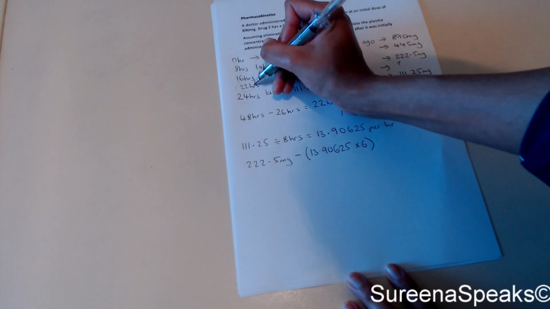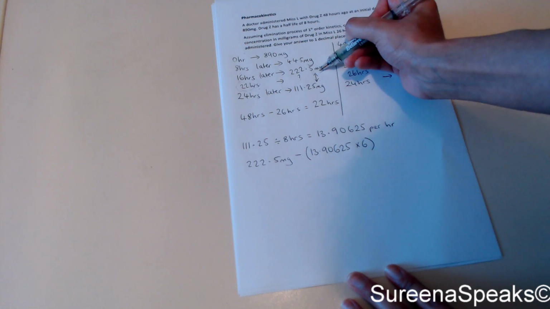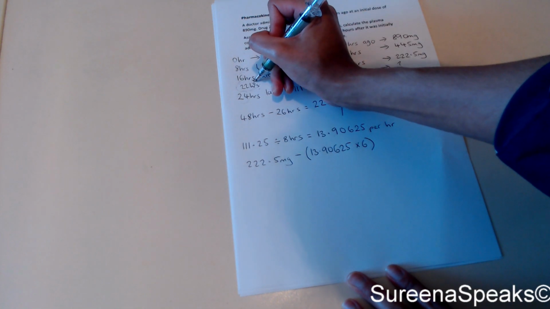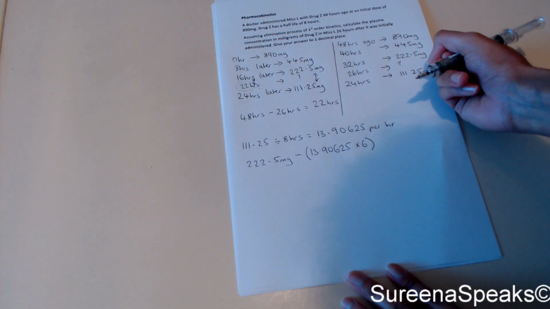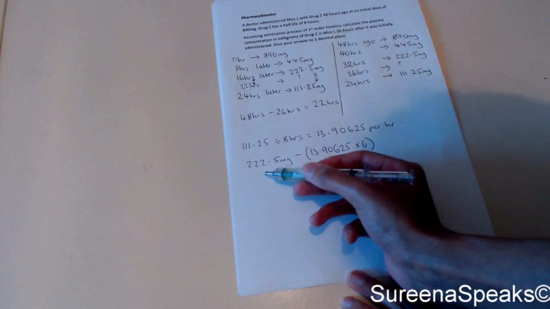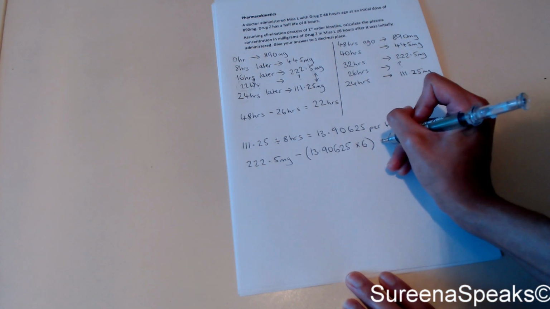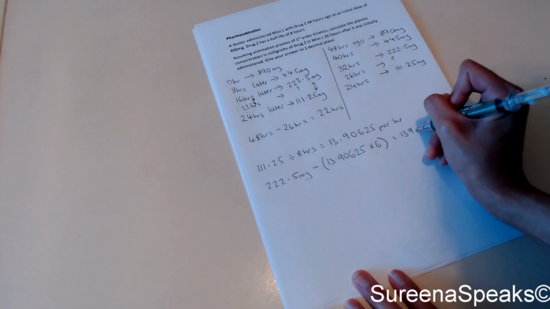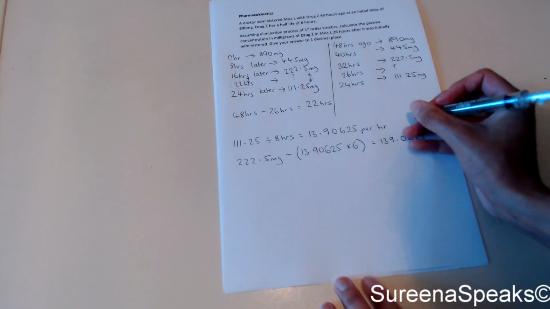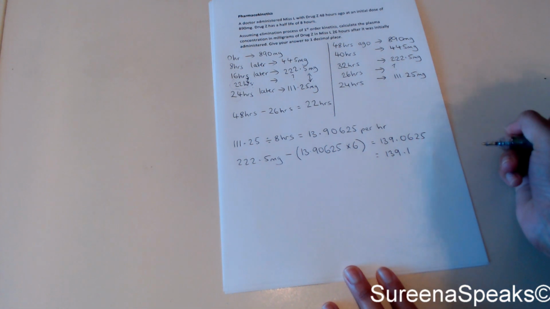And 22 minus 16 hours gives us 6. If we're working how much there is per hour, and all together between these two parts there was 6 hours gap, we want to work out what that total was for that 6 hours and minus it from our 222.5 milligrams. And that will leave us with 139.0625. The question has asked us to give our answer to one decimal place, therefore our answer is 139.1.